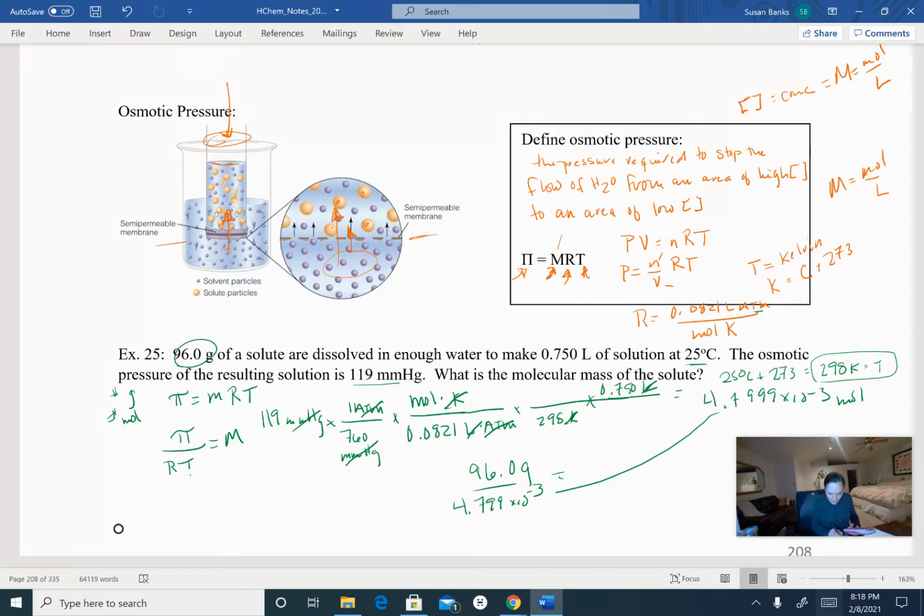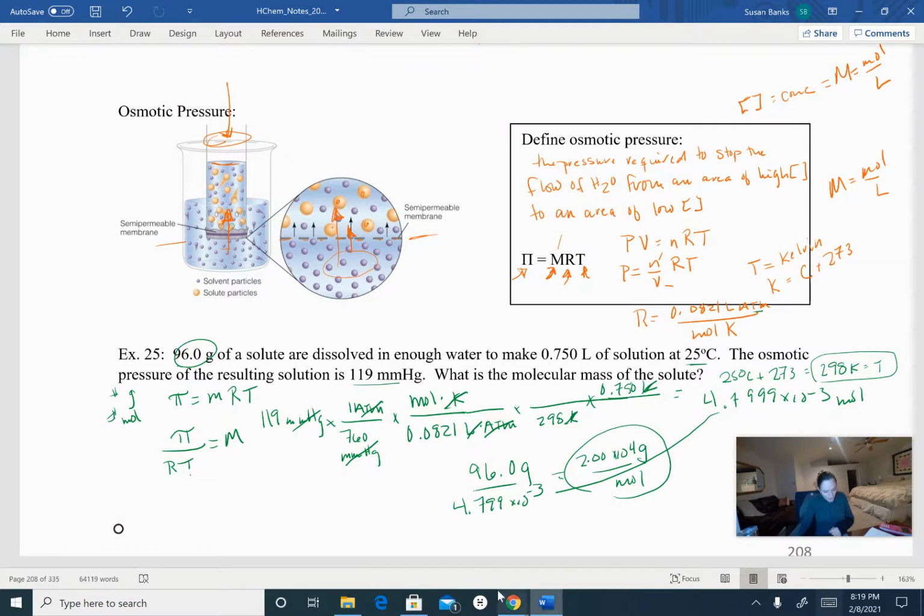I really have 3 sig figs, so this gives me 2.00 times 10 to the 4th grams per mole. That is a big protein there, and that's not unusual for the mass of a protein at all. Proteins are huge molecular masses.